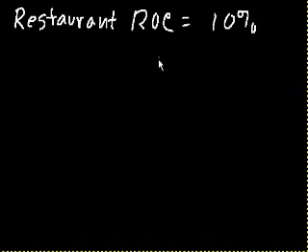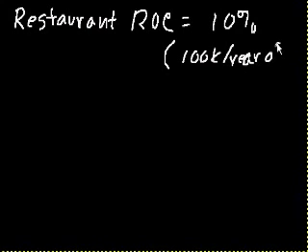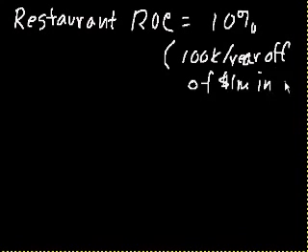I could put in $1 million and I'll get $100,000 per year, and that's where I got the 10%. Let me write that down. I get $100,000 per year off of a $1 million investment.